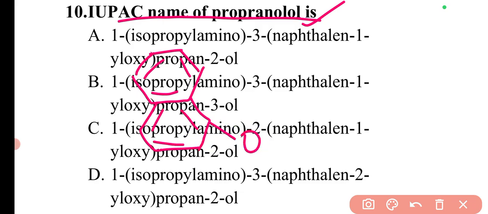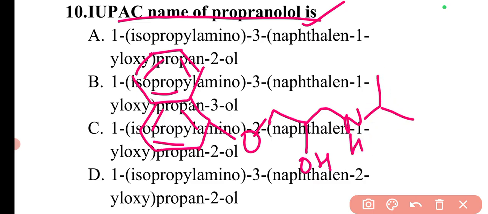Here you will have an oxygen atom, here CH2, CH, and here COH, here CH2, here an N group, NH basically, and this group is attached with CH3 and CH3. These angular parts are basically carbon and hydrogen groups.